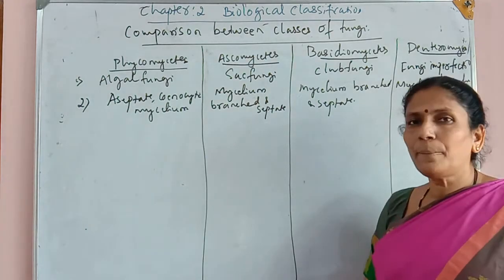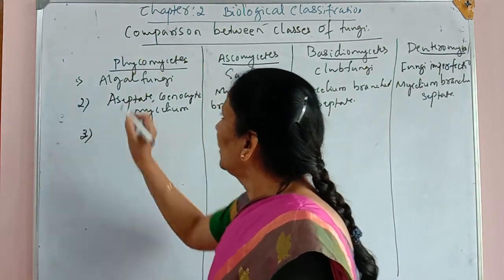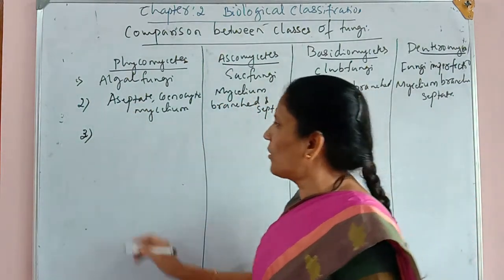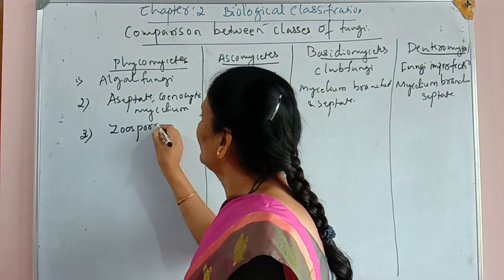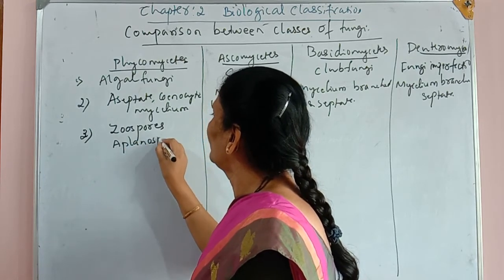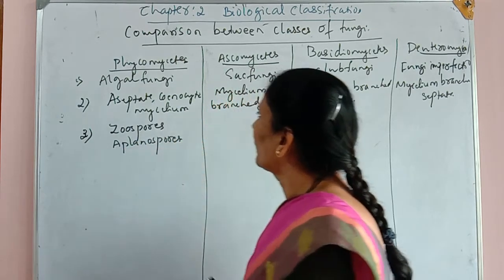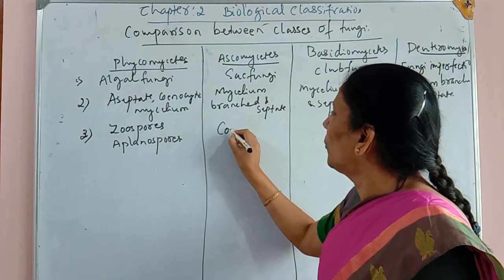So let us talk about the asexual spores. In Phycomycetes, asexual spores are zoospores and aplanospores. In Ascomycetes, conidia.